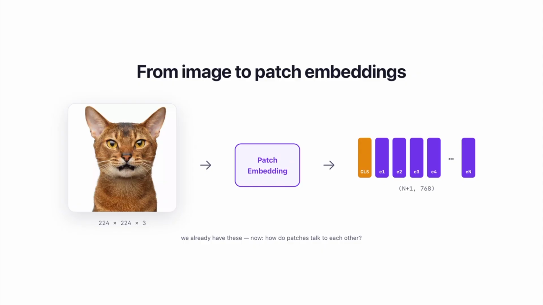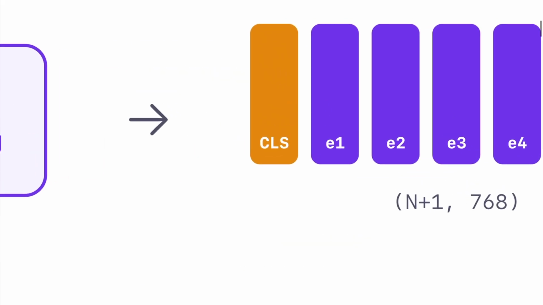Now in this class we will be learning about how these embeddings E1, E2, E3, E4, E5 can be connected to each other to give the model the context of each patch with respect to patches in its surrounding. So we are trying to make each individual embedding contextually aware so that the model can understand the context of that particular patch.